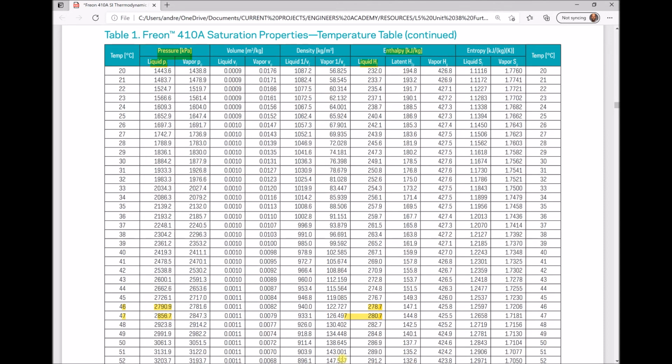We have 46 degrees, 2790.9 kilopascals and 278.7 kilojoules per kilogram for the enthalpy. And at 47 degrees we have a pressure of 2856.7 kilopascals and an enthalpy of 280.7. Note that this time the higher pressure and the higher enthalpy both correspond with the higher temperature.